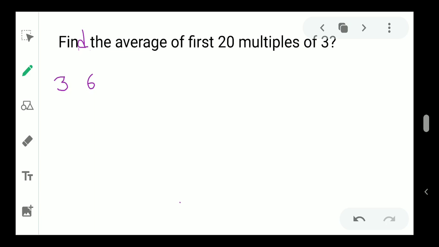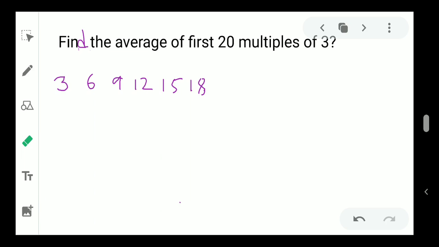That means 3, 6, then 9. So we have to first write all. I'm not giving plus right now; I will give it all together.